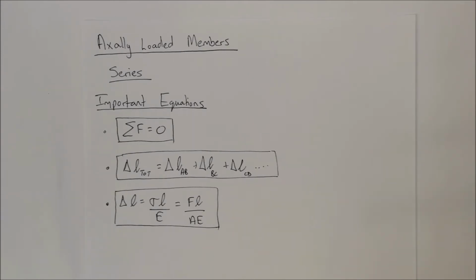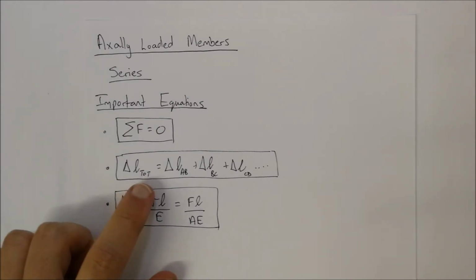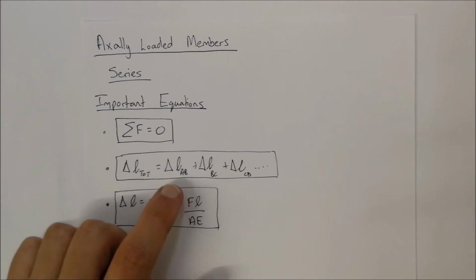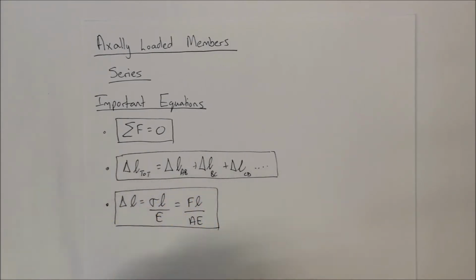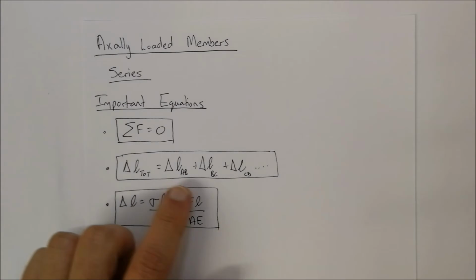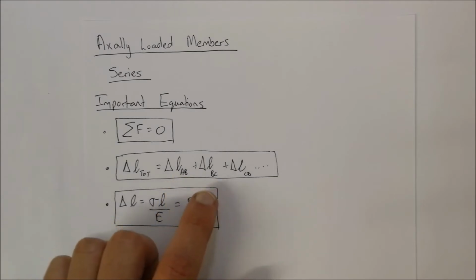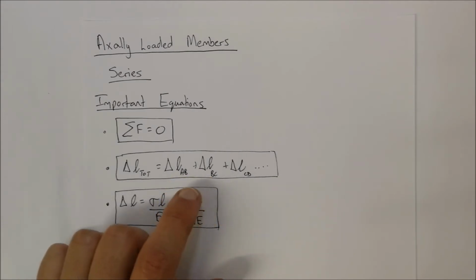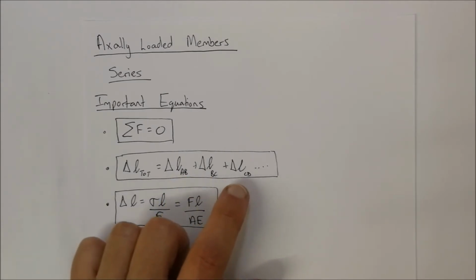If you've got a series of members changing in length due to the forces acting on them, then the total change in length will be equal to the sum of the changes in length of the different sections. So section AB changes by a certain length, you add it to the change in length of section BC, plus the change in length of section CD.